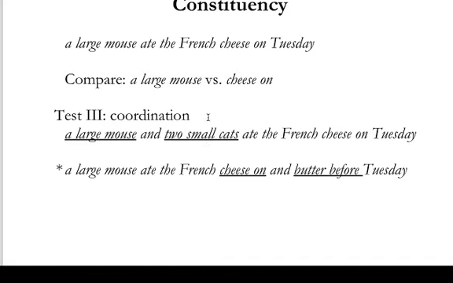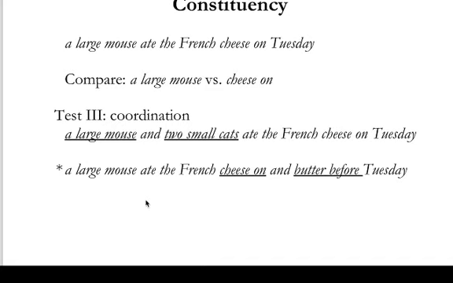A large mouse ate the French cheese on Tuesday is grammatical. A large mouse and two small cats ate the French cheese on Tuesday, also grammatical. Compare this to cheese on, right, where you, again, try to put the conjunction and a sequence of noun preposition afterwards, which does not preserve the grammaticality of the sentence.